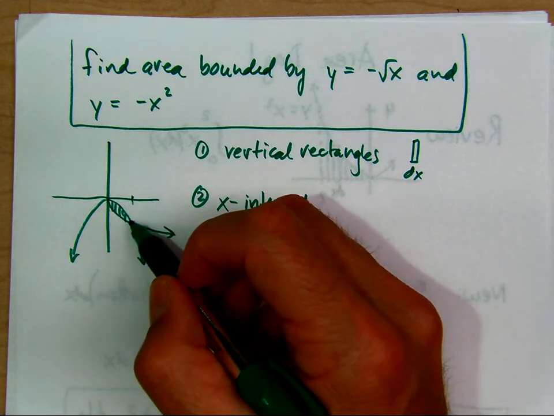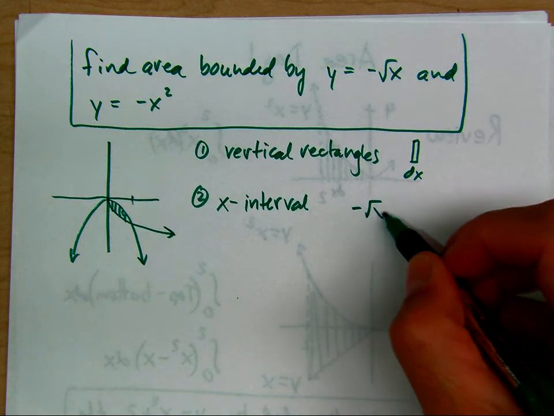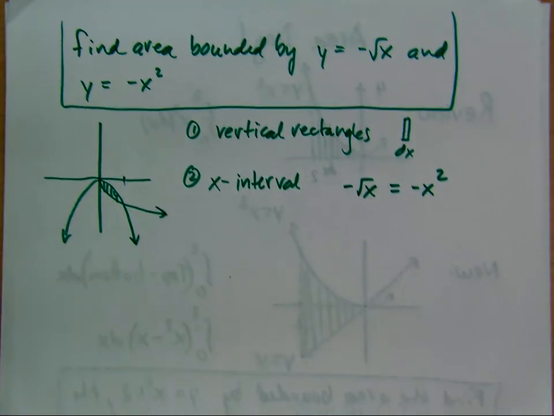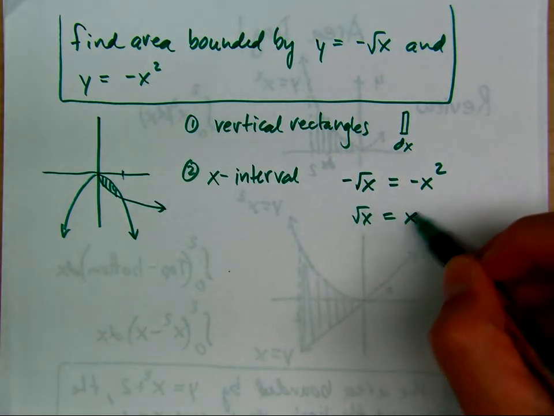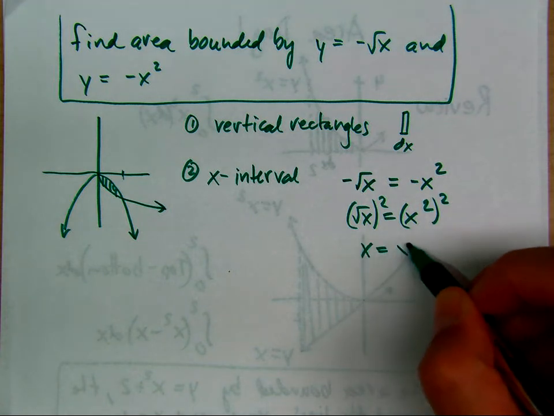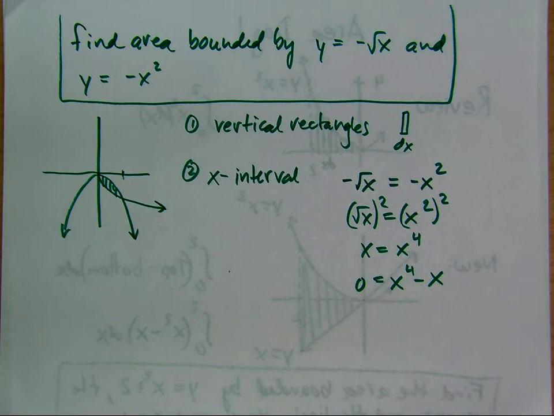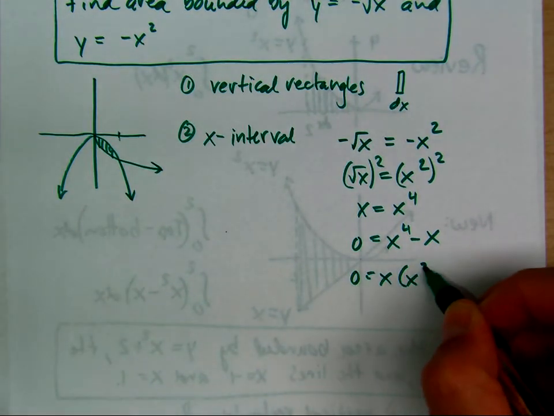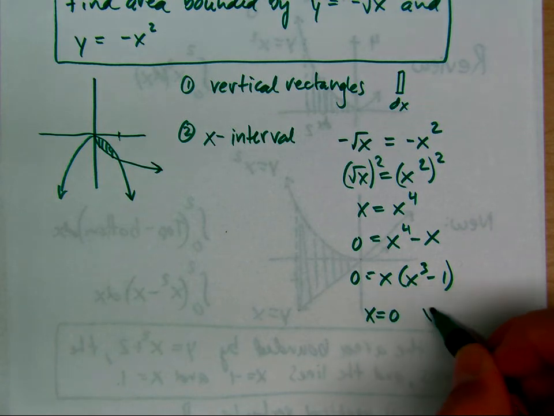We need to find out where that region ends. And we do that by solving for the intersection. So divide by a negative, square it, so x equals 0 and x equals 1.